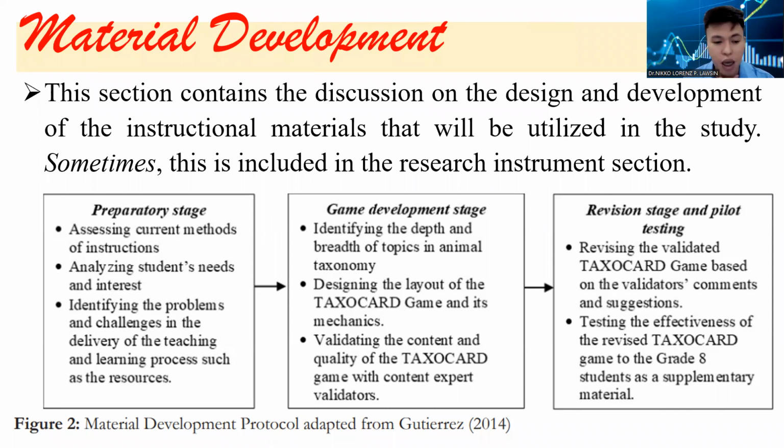In the given illustration, you can see here the material development protocol adapted from Gutierrez 2014. It has three major stages: preparatory stage, game development stage, revision stage, and pilot testing.